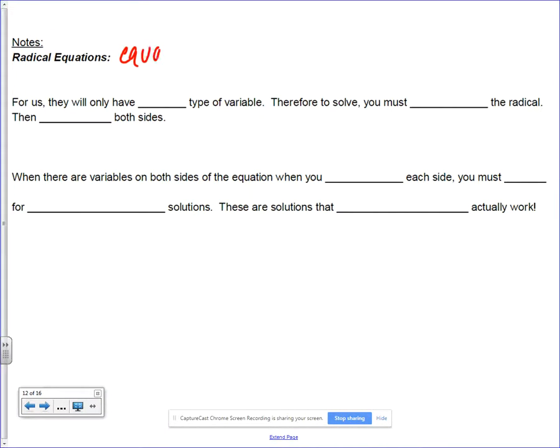Equation with a square root. Yesterday, for us, we had one type of variable. When you have one type of variable, all you have to do is what? You have to isolate it.